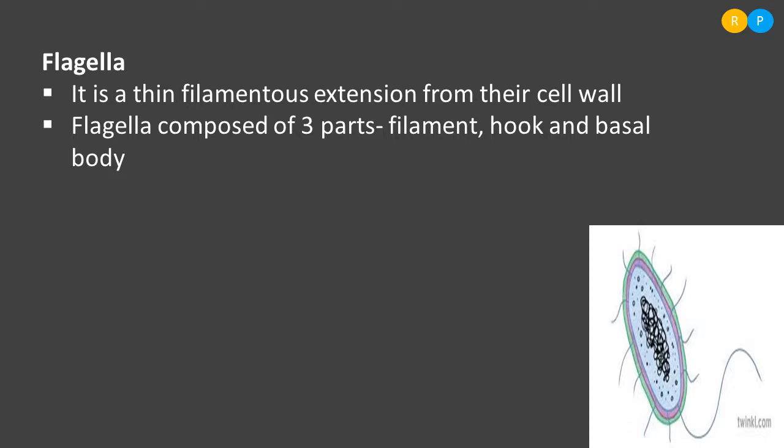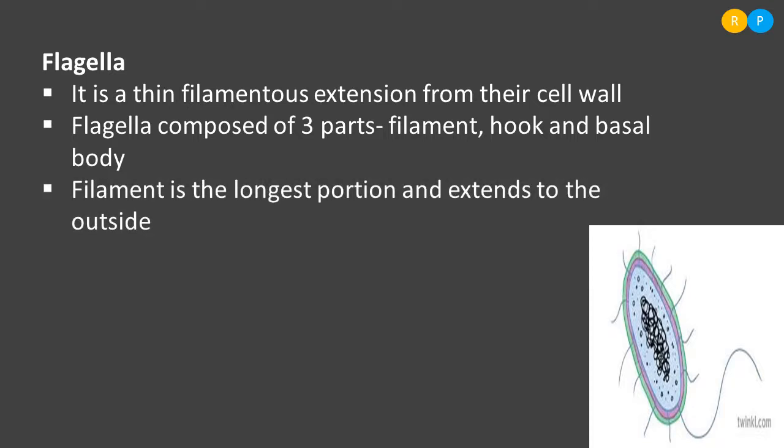The basal body is attached to the plasma membrane. Clear? If you carefully observe, the formation of the flagellum starts from the plasma membrane, because the basal body is attached to the plasma membrane, the basal body is connected with the hook, and the hook finally leads to the formation of the filamentous structure. So there are three different parts in the flagellum: one is the filament, another is the hook, then the basal body.